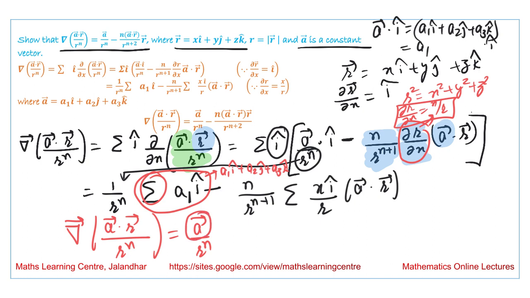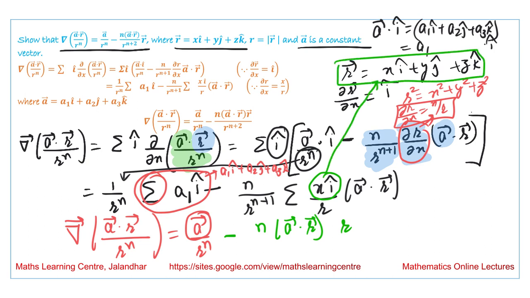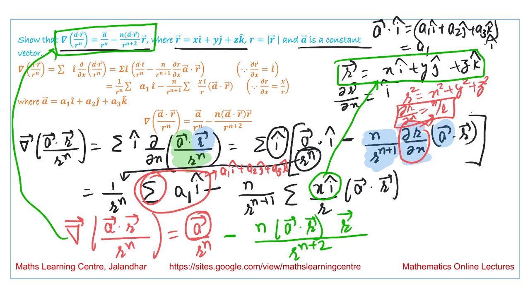And the next term we are left with is minus n into a vector dot r vector into, look at this value now, x i cap plus y j cap plus z k cap. This is the value of r vector, divided by r to the power n plus 2, and this is the result that we have to prove.